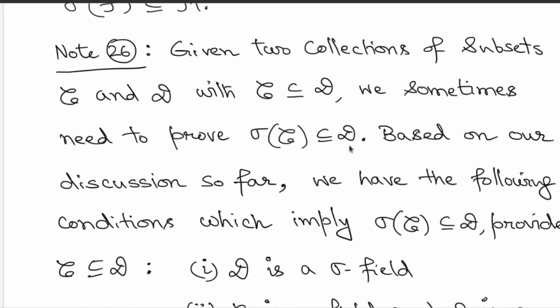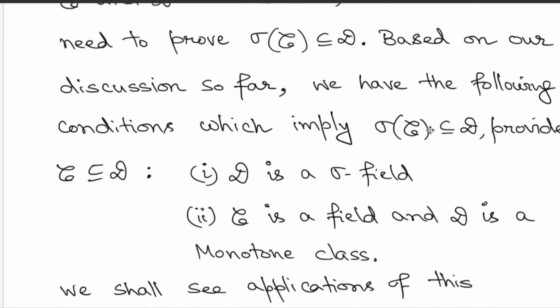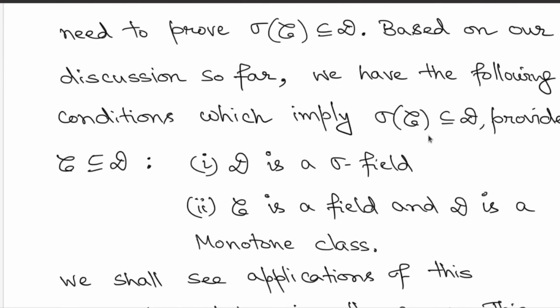And then to claim such inclusions, provided that we have script C already inside script D, we shall need certain results. Based on our discussion so far, we have the following conditions which imply this.